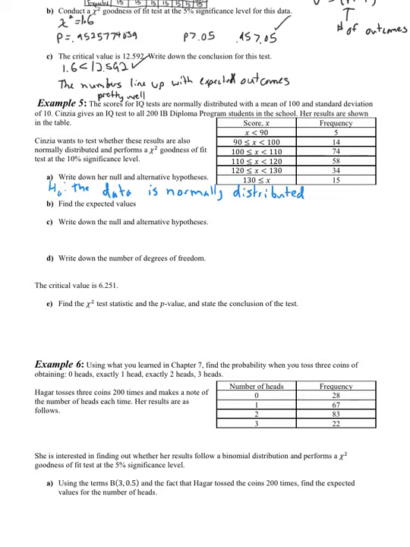I really like these chi-squared goodness of fit tests because your null hypothesis is always going to be that the outcome is exactly what we expected. That's always your null hypothesis in these goodness of fit tests. And then the alternative hypothesis would be the data is not normally distributed, so it's not what we were expecting. Okay.